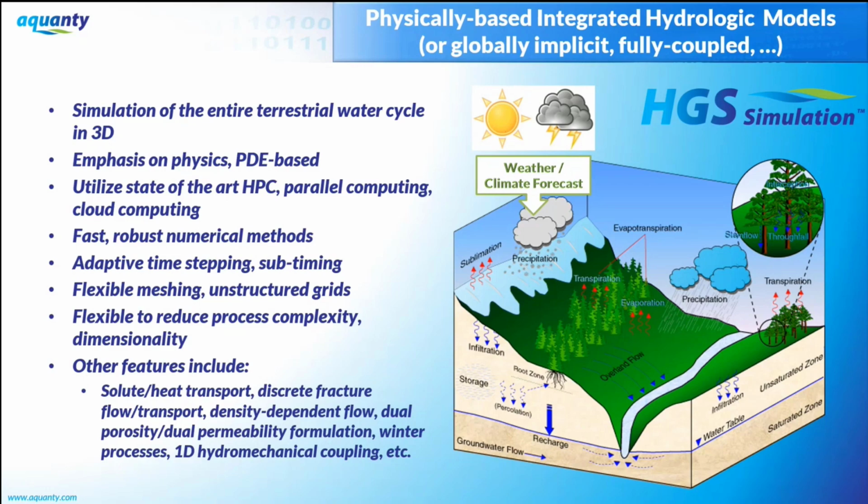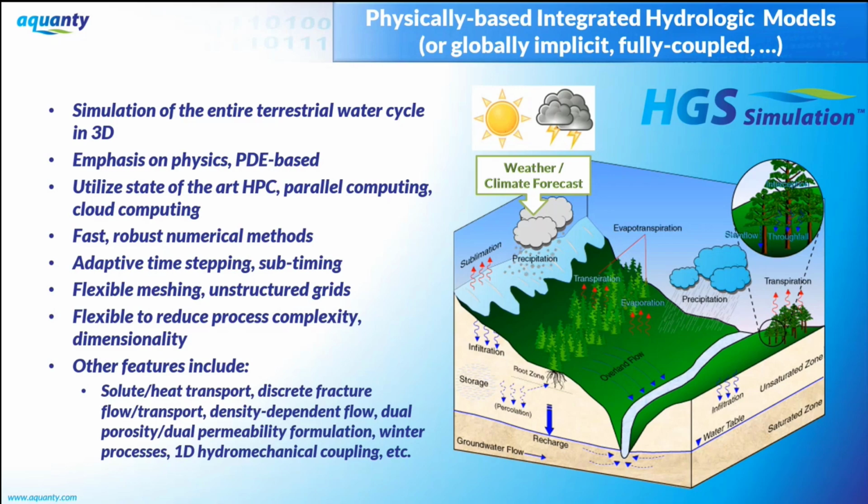Flexible meshing: we use unstructured meshes for the most part. With unstructured meshes, you can concentrate your nodal spacings, or the size of your elements, in finer spacing in areas where you expect higher gradients and so on, or widen the nodal spacing where you expect less response.